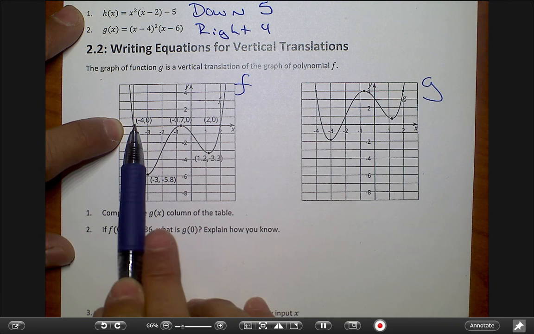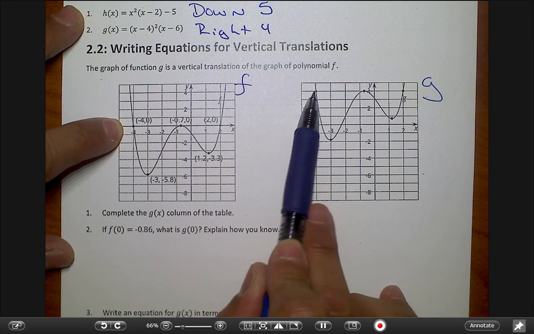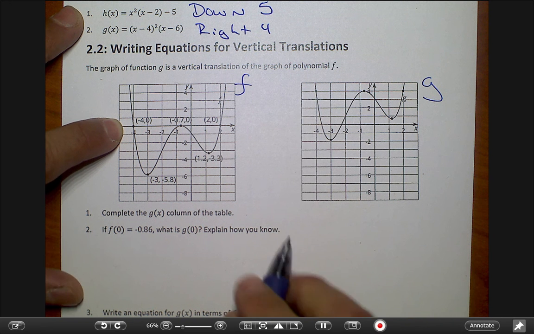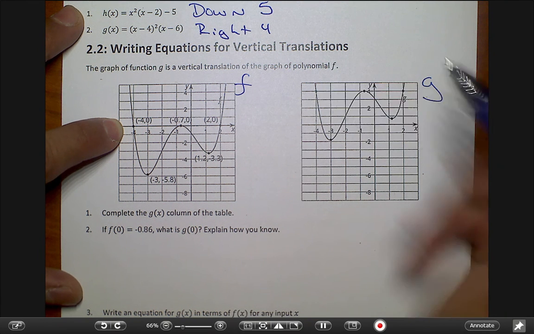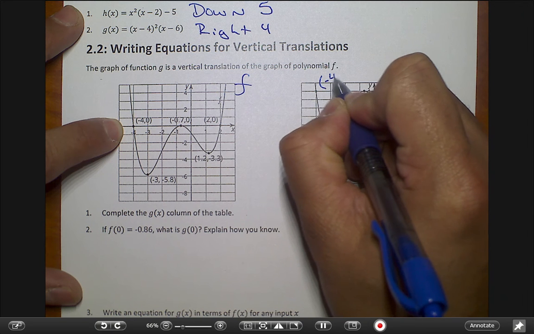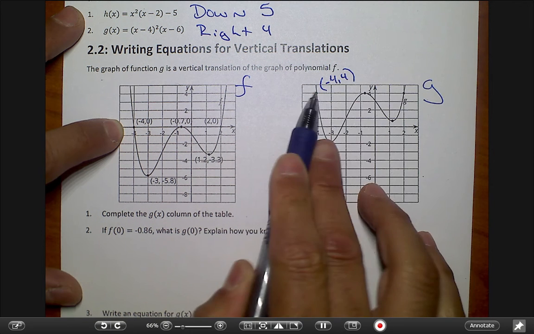Now the same corresponding point is now over here. So this point right here is now going to be -4 and 4. Because it's up 4, right?